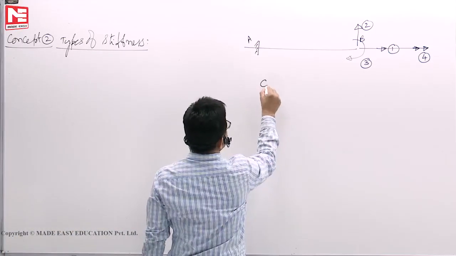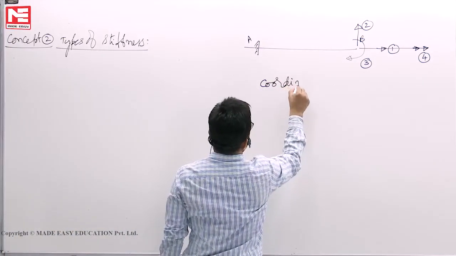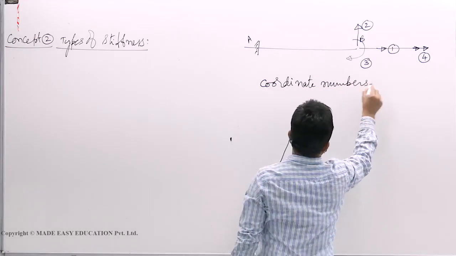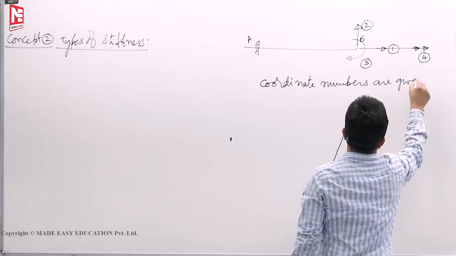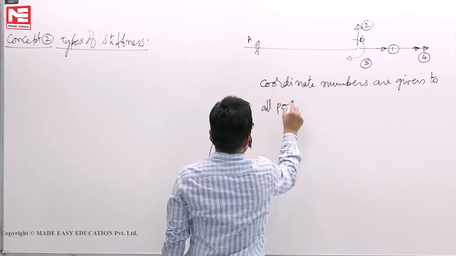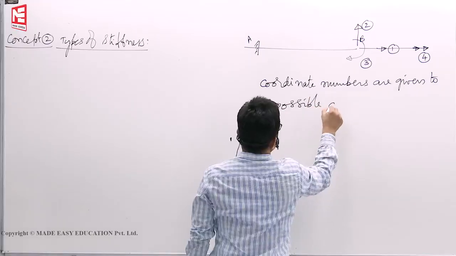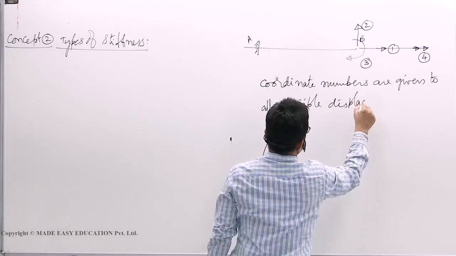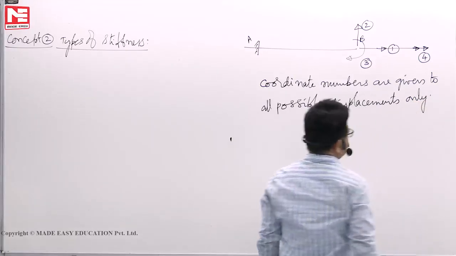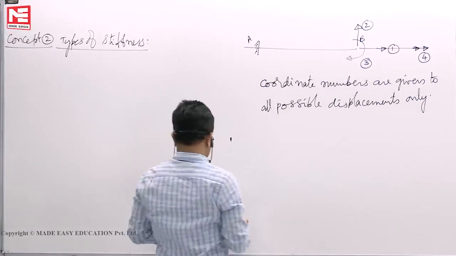Coordinate numbers are given to all possible displacements. All possible displacements only.